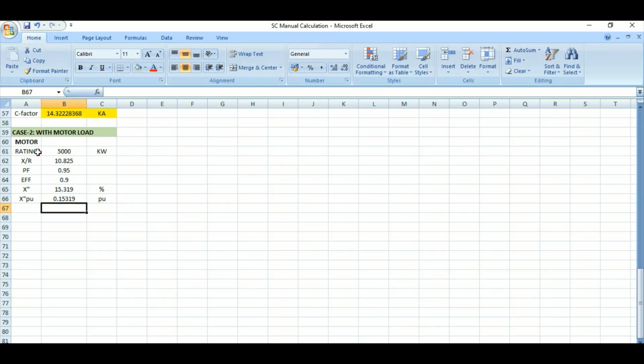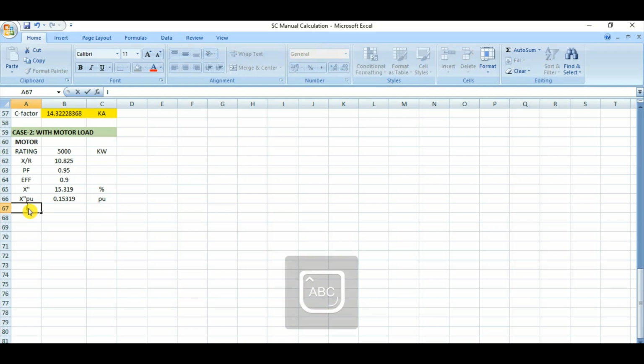So from this motor rating, efficiency and power factor, we can find out motor full load current, IFLC.